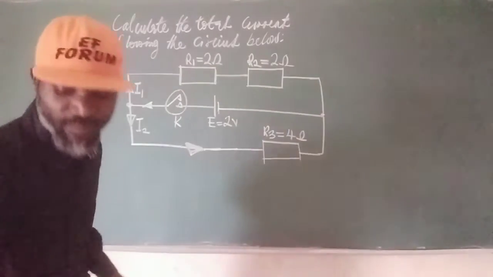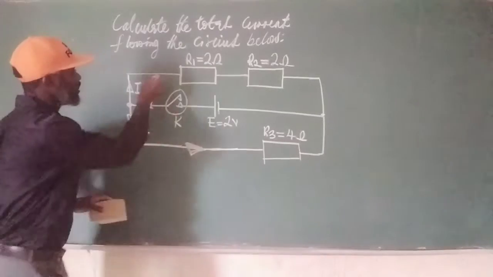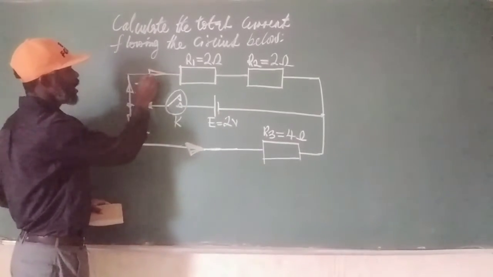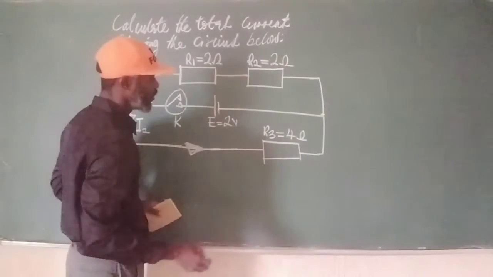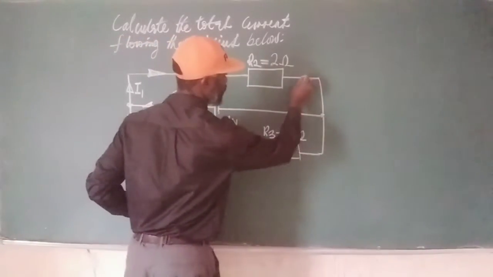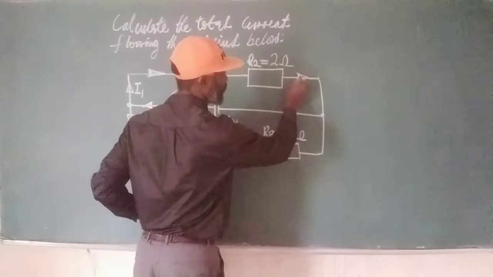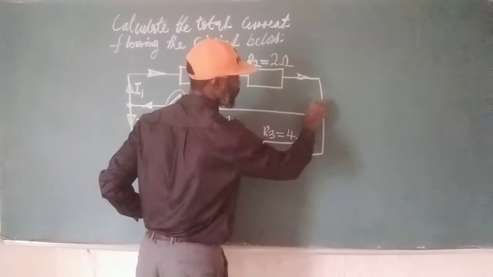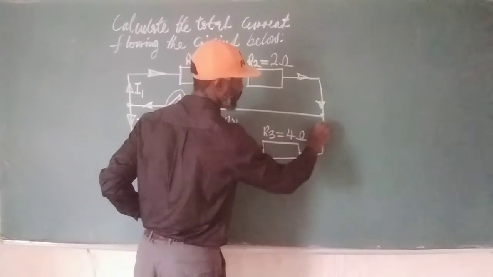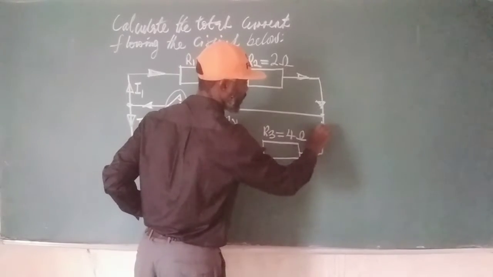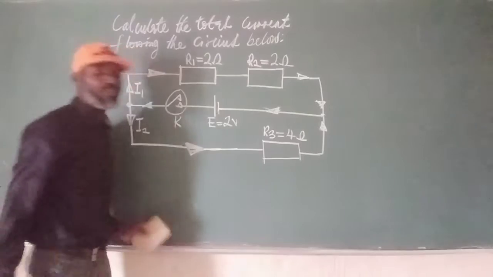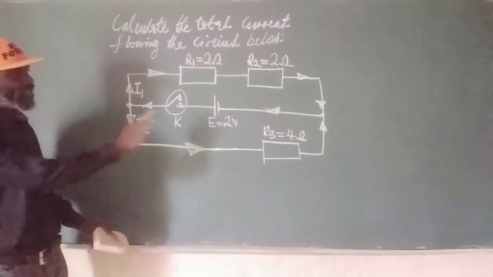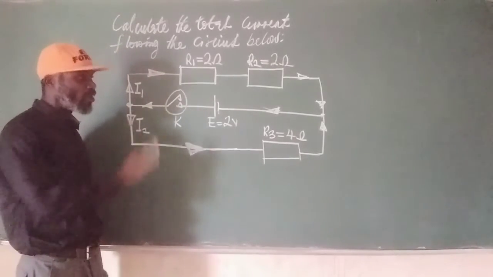I1 flows into resistor 1 and resistor 2, and then recombines with I2 at this point. Then the current flows back to the source. Now we have understood the arrangement here.